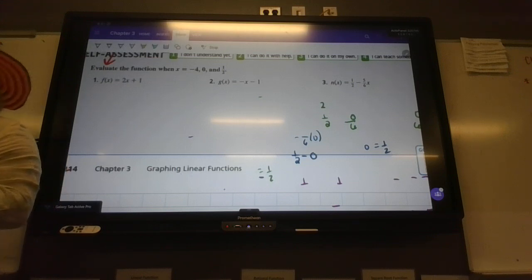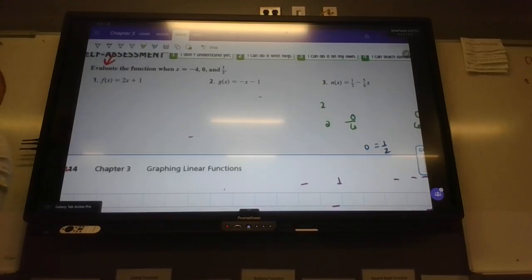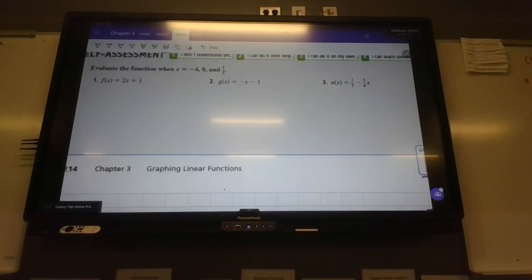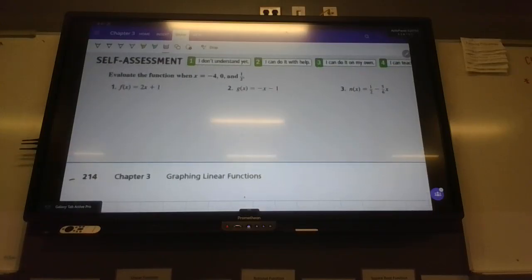Okay, based on the amount of time here, let's do, so for x equals -4, I would do 2 times -4 plus 1. -8 plus 1 is -7. And I would say f of -4 equals -7.